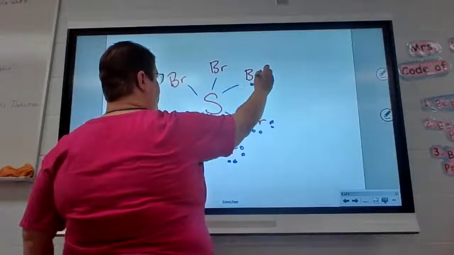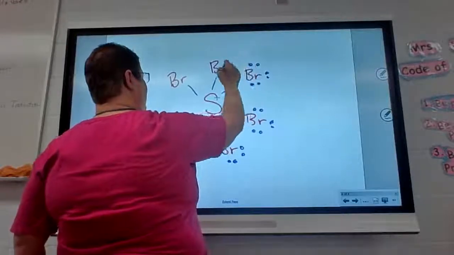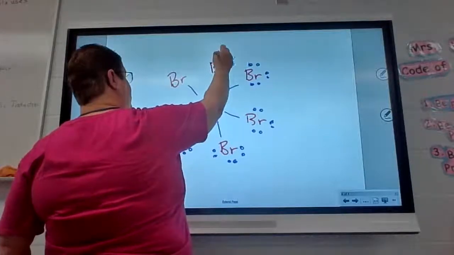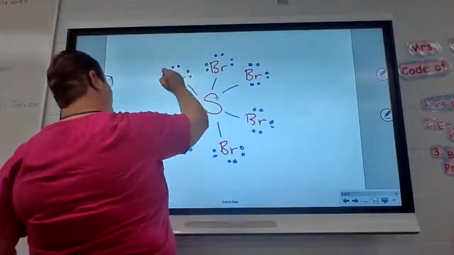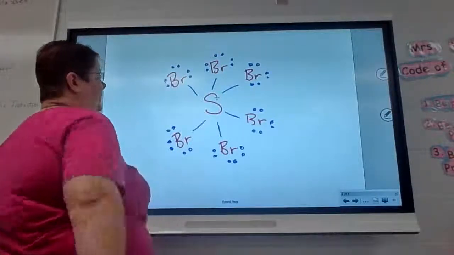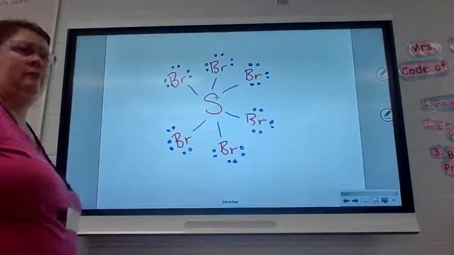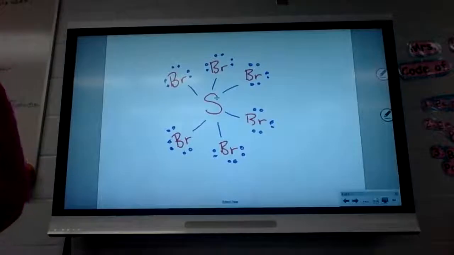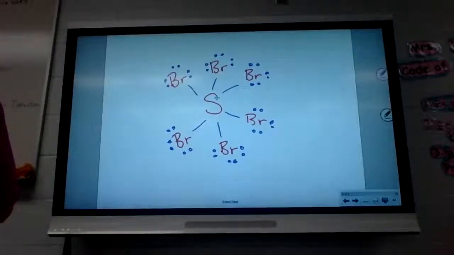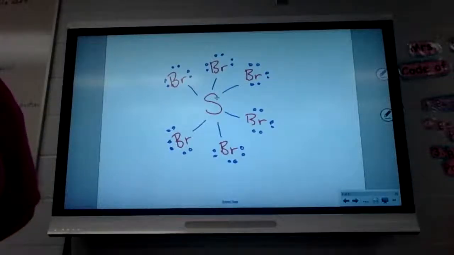And you keep going until you get to what number? 48. Well, the S has way more than 8 there. I know, that's why I was confused. The octet rule, which we're going to talk about today, where all of them have 8, is just a nice jumping off point for a first year class. Some elements are going to have more than 8.